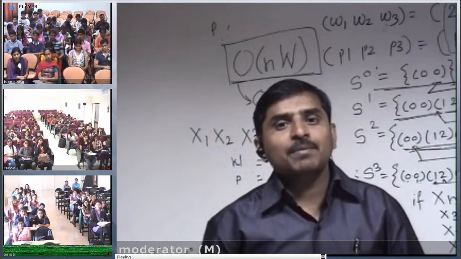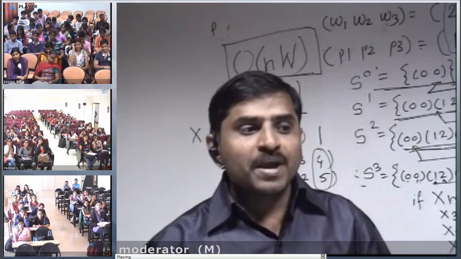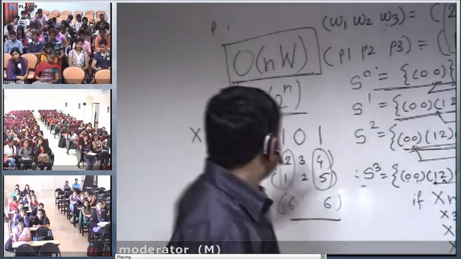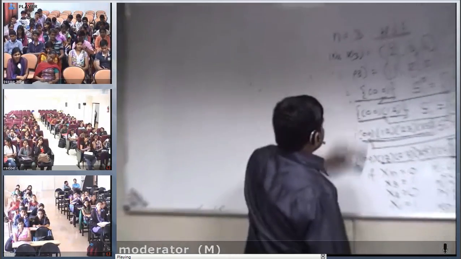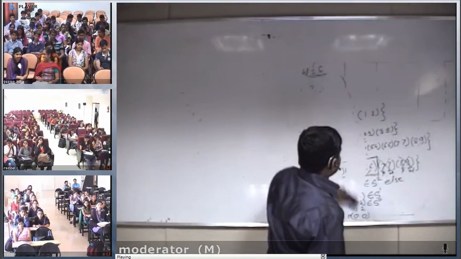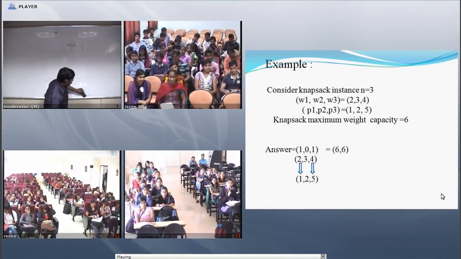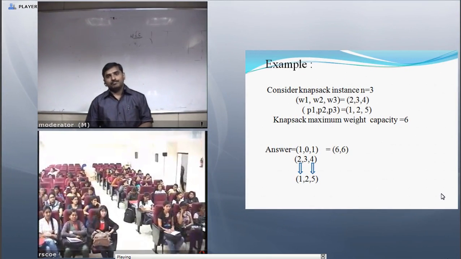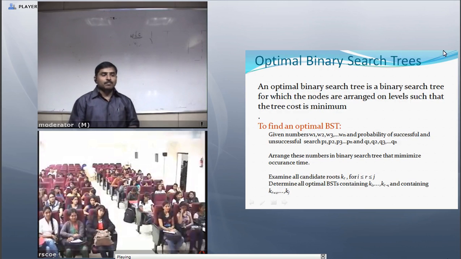Now we see dynamic programming using another concept, that is the OBST. And what is the OBST? That is the optimal binary search tree. We are already familiar with binary trees and binary search trees. What is a binary tree?